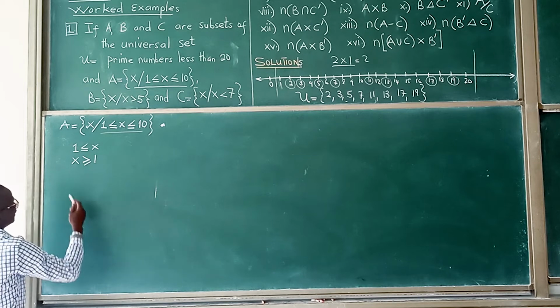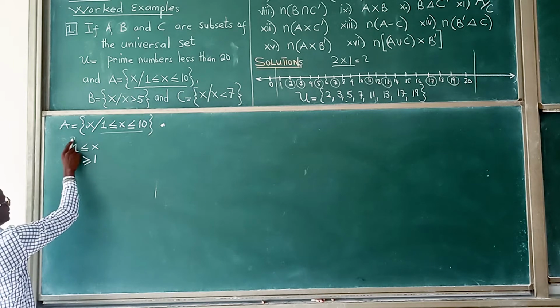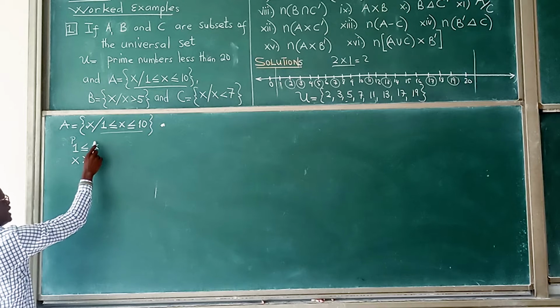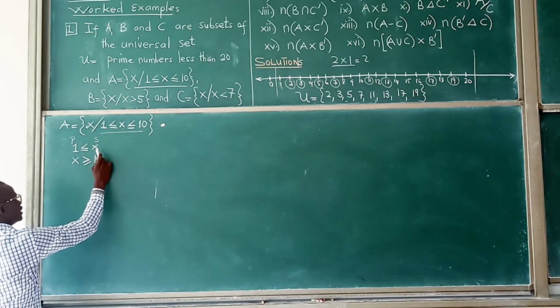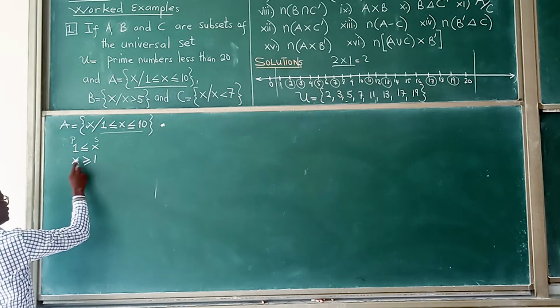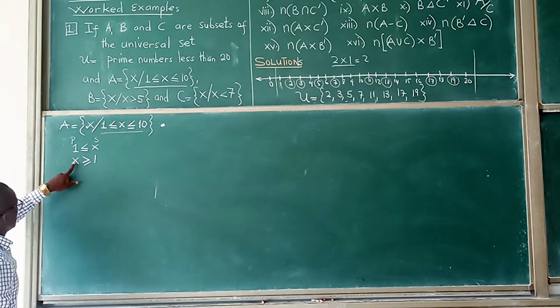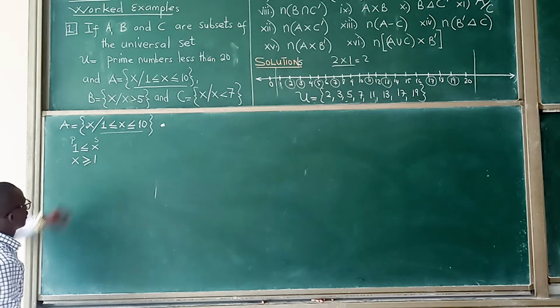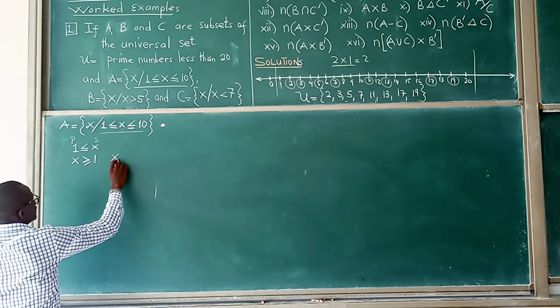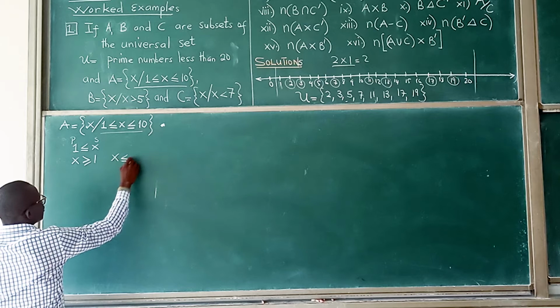It's just like saying if Peter is less than Sarah in age, it means Sarah is greater than Peter in age, right? So x is greater than 1, and then the same x is less than or equal to 10.